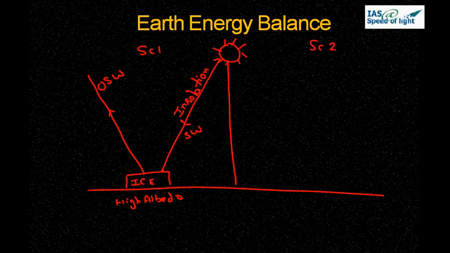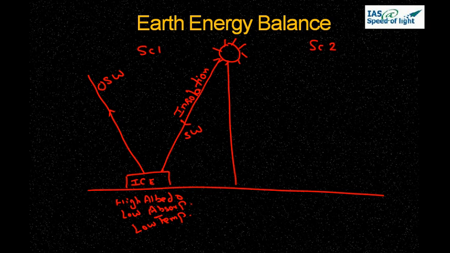So it will be outgoing short waves. High albedo results in low absorption, further leading to low temperature.